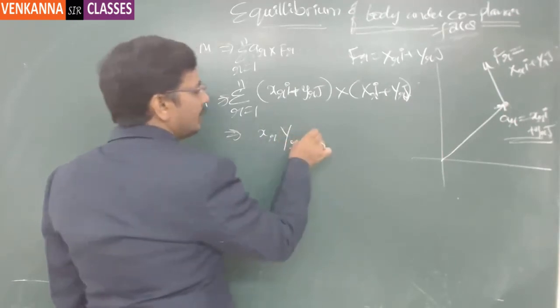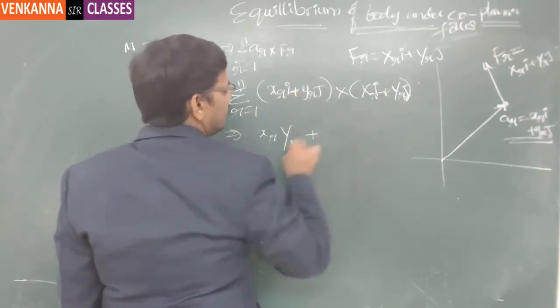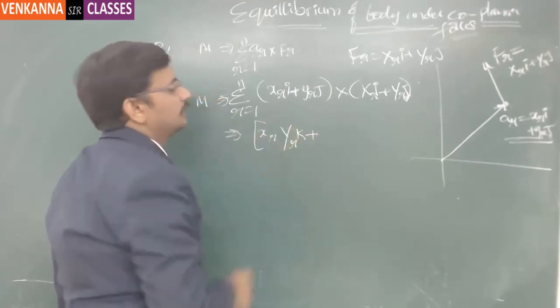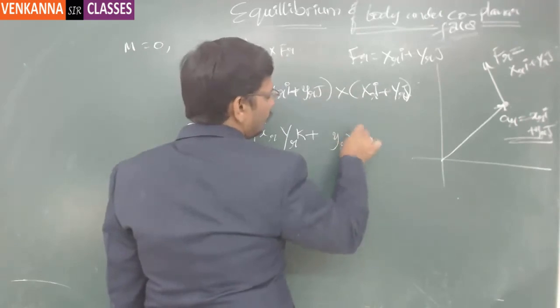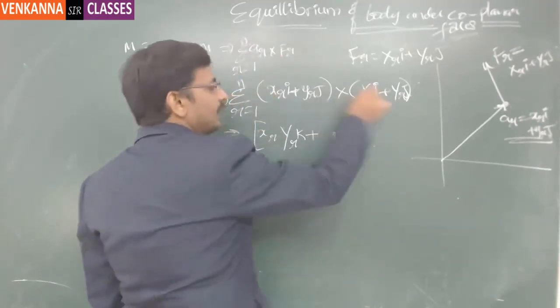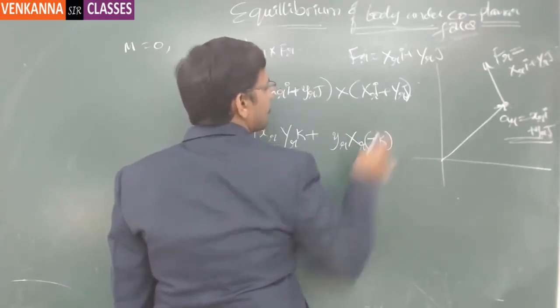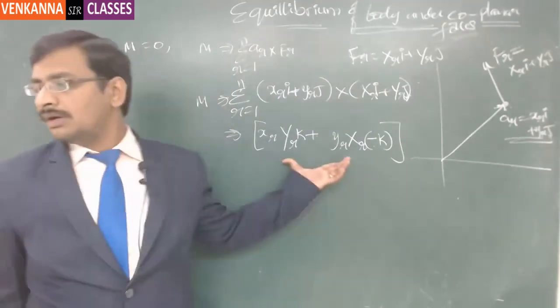So i cross i is 0, i cross j is k. I take this k common, or I'll keep it here. So y_r into X_r, and j cross i will be minus k, and then j cross j will be 0. So this is the resultant cross product.